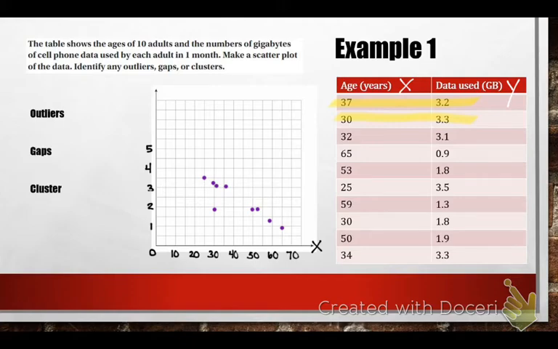And 34, 3.3. Okay, all right, so I've got mine on there. Is everybody else pretty much done?